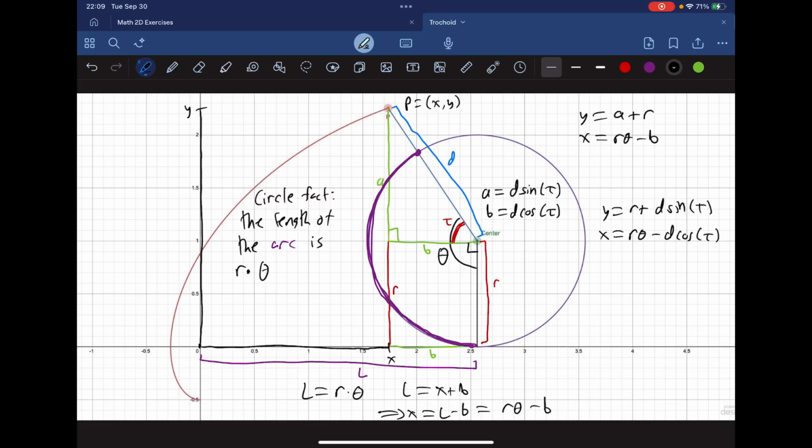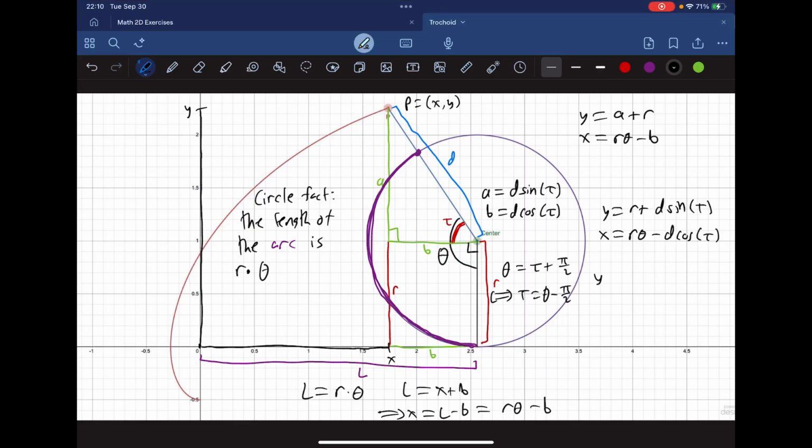So what we know now, because theta is this right angle plus this smaller tau angle, we know that theta is equal to tau plus the right angle in radians, which is pi/2, which says the same thing as tau is equal to theta minus pi/2.